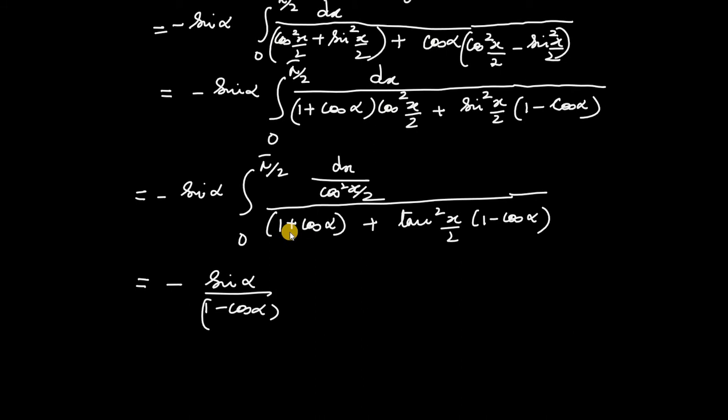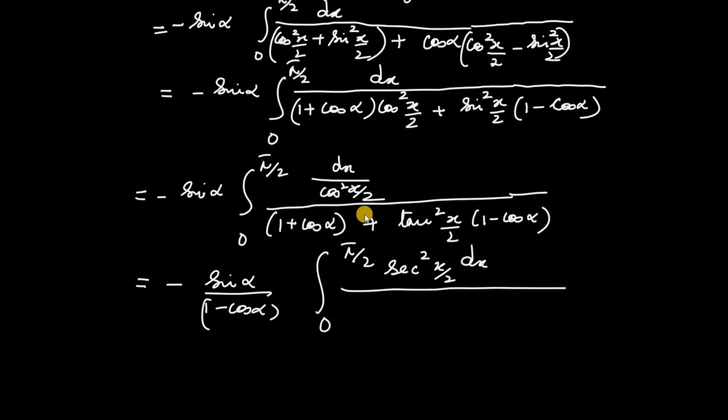So that term in the numerator will come down as the denominator here. So it will be 0 to pi by 2, and 1 by cos square x by 2 can be written as secant square x by 2. So the numerator becomes secant square x by 2 dx, whole thing divided by 1 plus cos alpha by 1 minus cos alpha plus tan square x by 2.